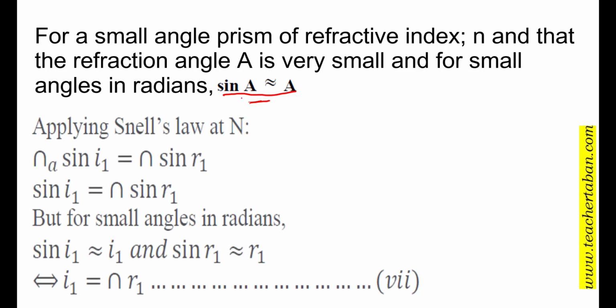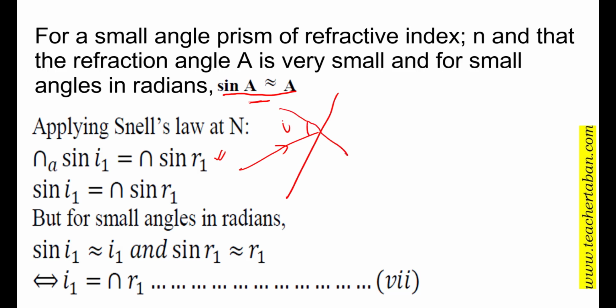So if that is the case, applying Snell's law at N, remember Snell's law at point N, in other words, at this point here we had the angle of incidence I1, and then the angle of refraction R1. This is our point N.